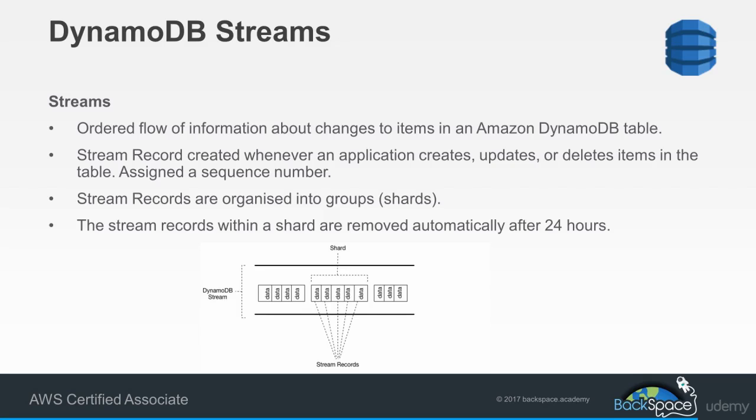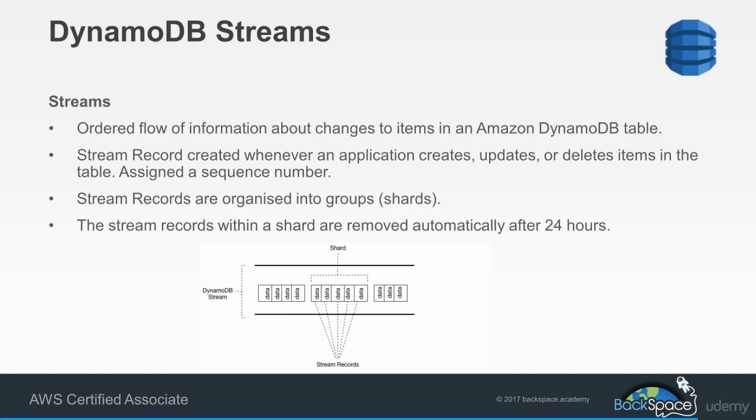Now, DynamoDB streams, so they're a reasonably new introduction to DynamoDB. They're an ordered flow of information about changes to items in a table. What that consists of will be stream records, and they're created whenever an application creates, updates or deletes items in that table. So whenever you change something in a table, or if you delete some item, if you change the title of a book or whatever in that book's database, that will create a stream record, and that stream record will be assigned a sequence number.